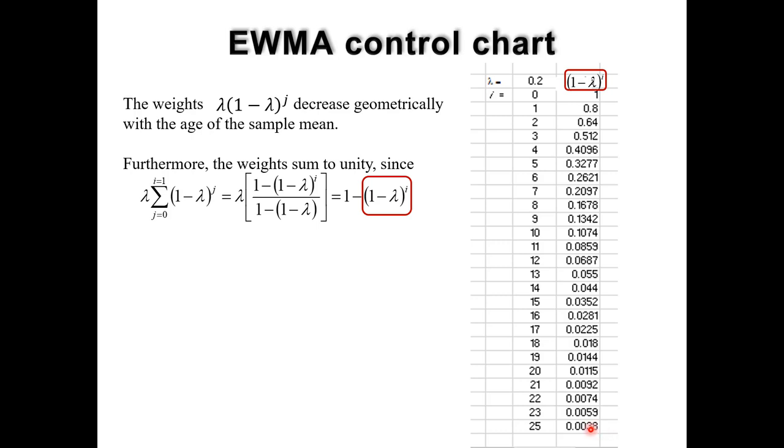So if you plug in this value, it will be 1 minus a value which is close to 0. Again, as time goes by, this part of the formula will literally equal 0. Therefore, 1 minus 0 will be equal to 1. Okay, so this is what it means that the weights sum to unity. As time goes by, this value will be equal to 1.